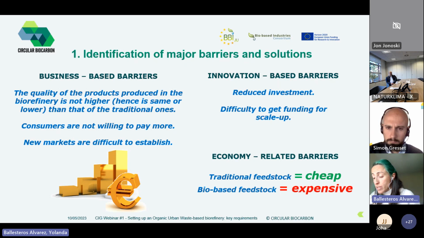For example, biorefinery products are substituting fossil products which are already in an established market, which means barriers due to the already established businesses which already have optimized value chains, and also we have detected a trend to resist change.